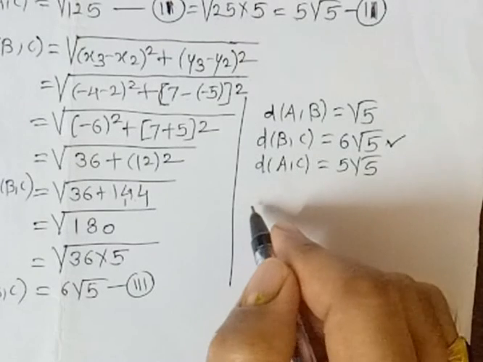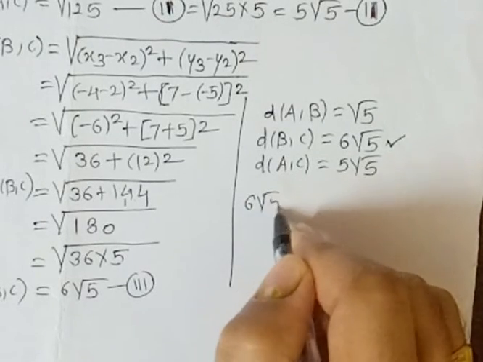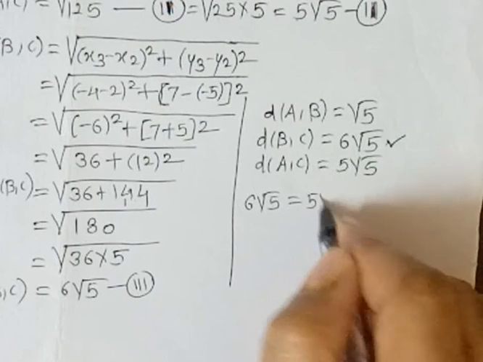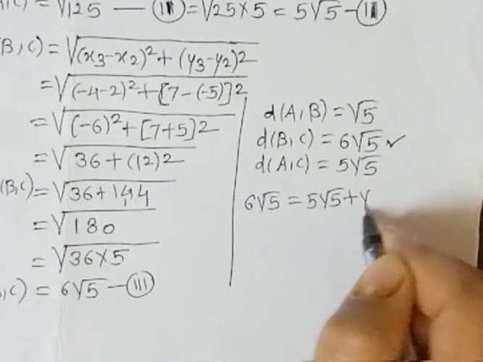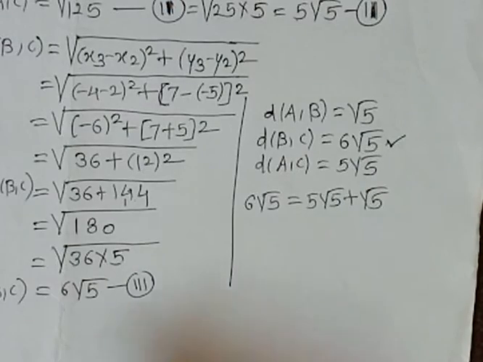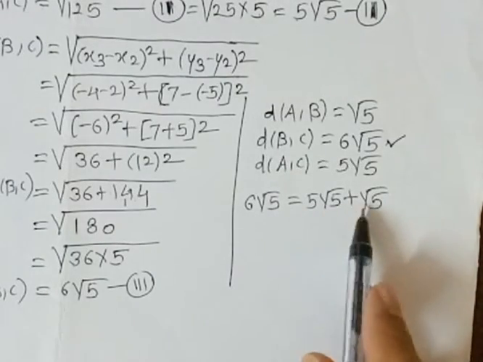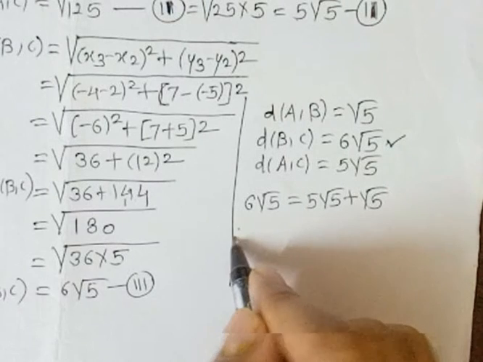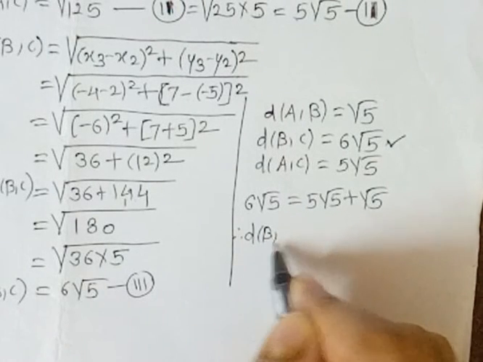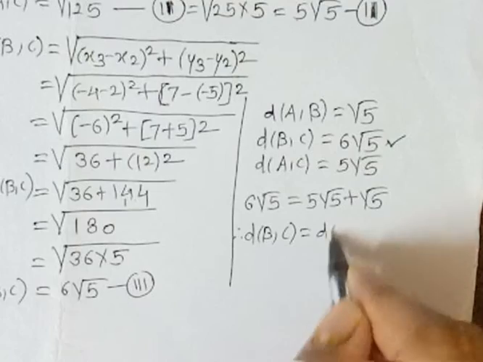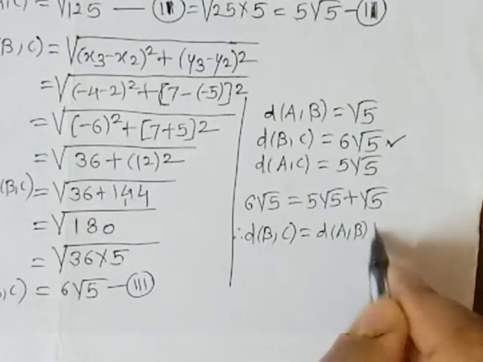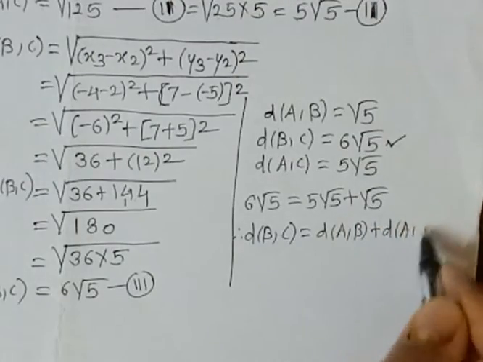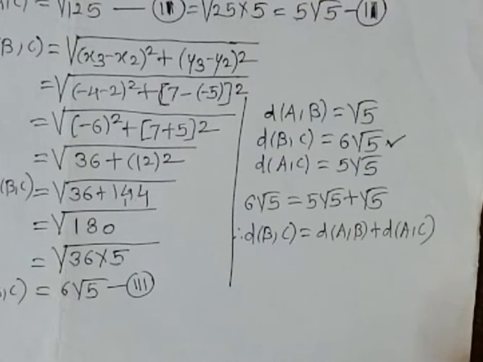Now see here 6 root 5 is equal to 5 root 5 plus root 5, is it right? Therefore distance BC is equal to distance AB plus distance AC.